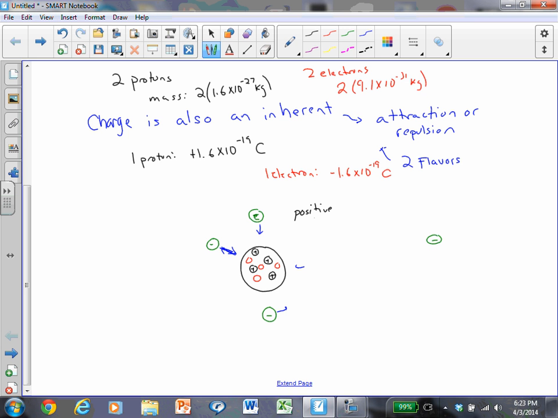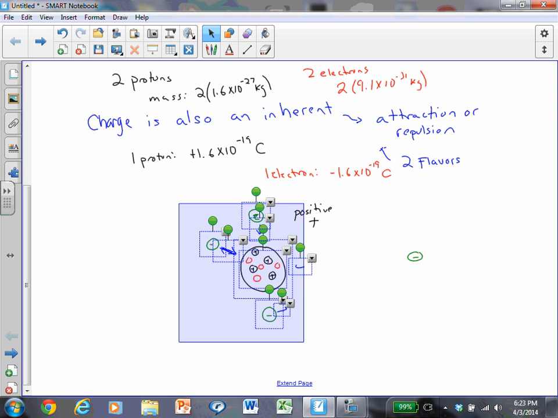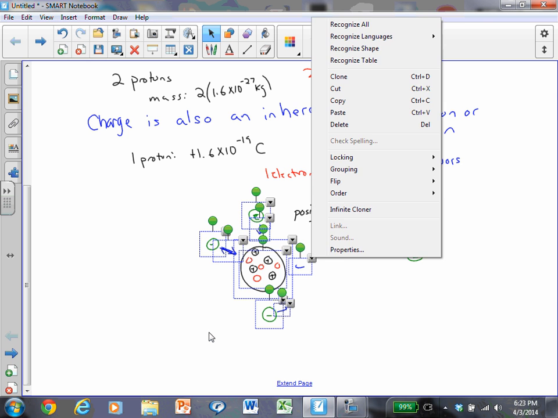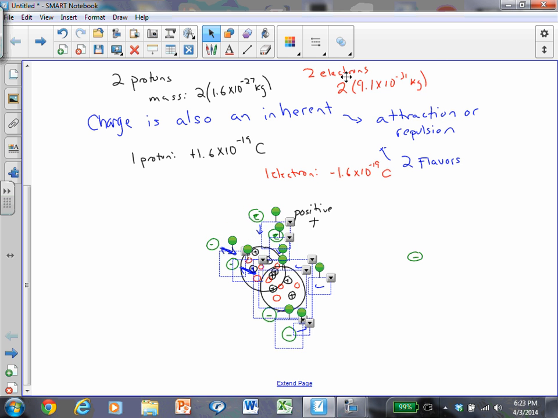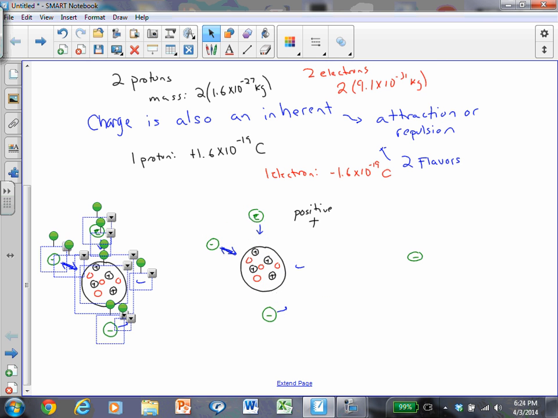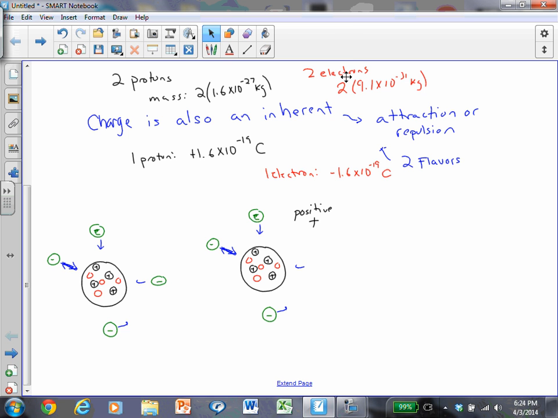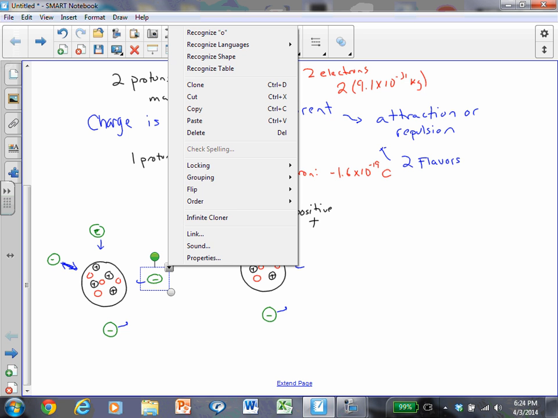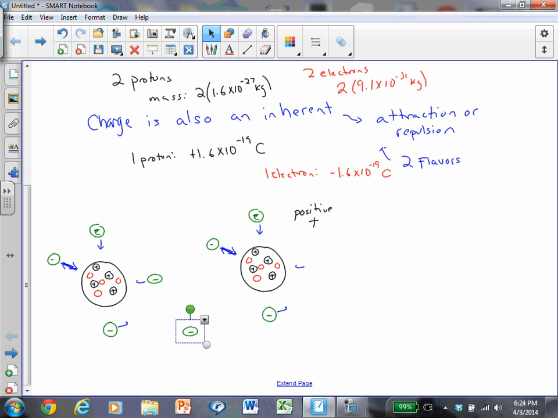That leaves an overall positive charge. So by removing these electrons, we can gain a charge. Or we can add electrons. If we add one, it had to come from somewhere else, and then now we have an overall negative charge.